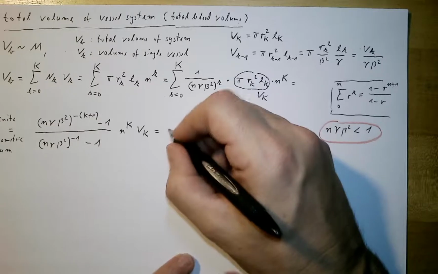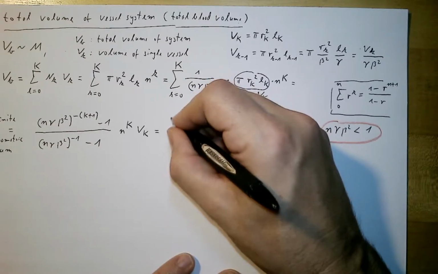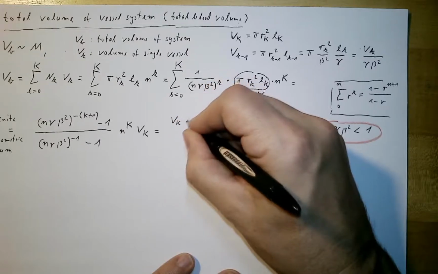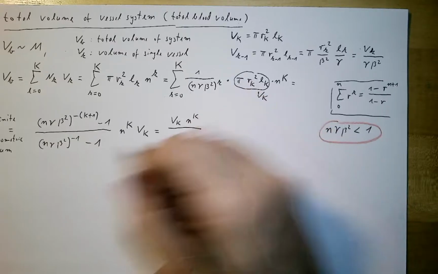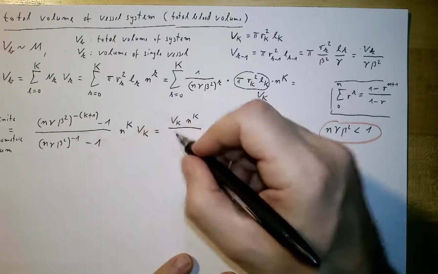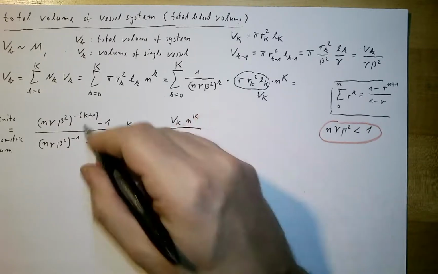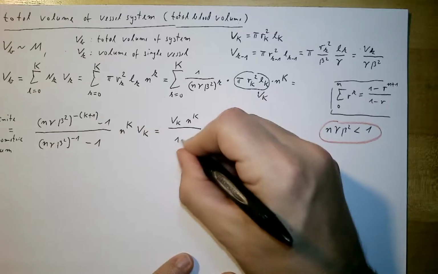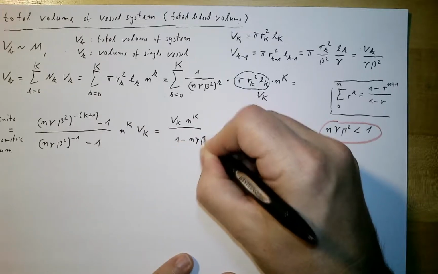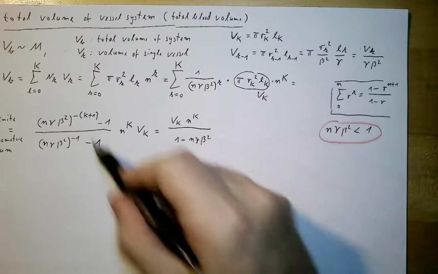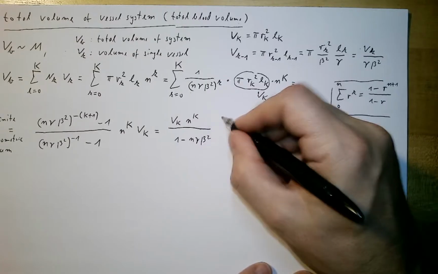So let's first take out our V_k, n to the power k. Then we multiply everything by n gamma beta squared, and then we have a denominator 1 minus n gamma beta squared, and then we have the rest of this here.